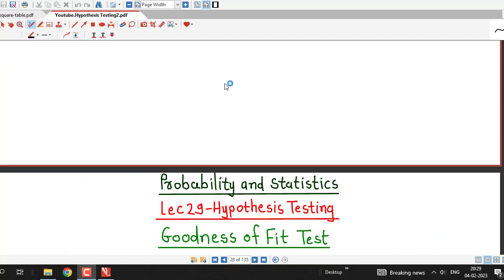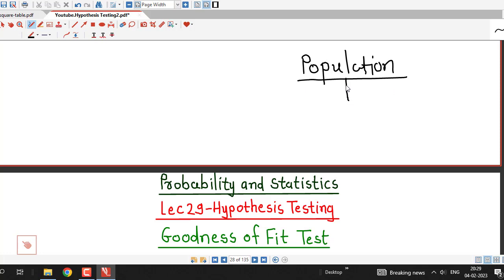So far, in all the lectures we have discussed related to hypothesis testing, we are familiar with the probability distribution of the given population, and then we do different hypothesis tests.